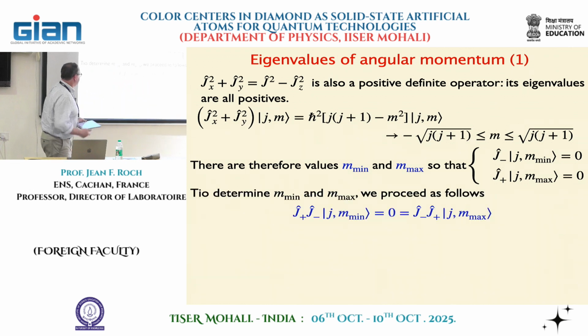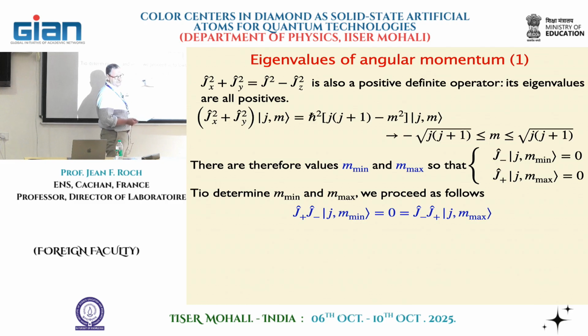Now, to determine this minimum and maximum value of the quantum number m, I can proceed as follows. I start from that which is 0. If I act with J plus on this side, it will also be 0, because of course any operator acting on 0 will give 0, and the same on the other side.